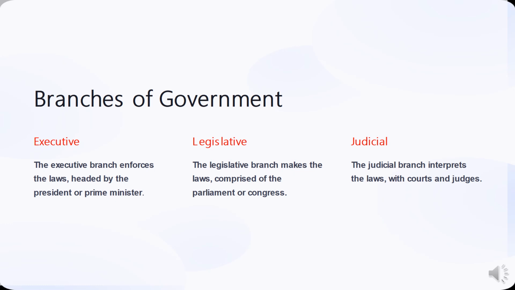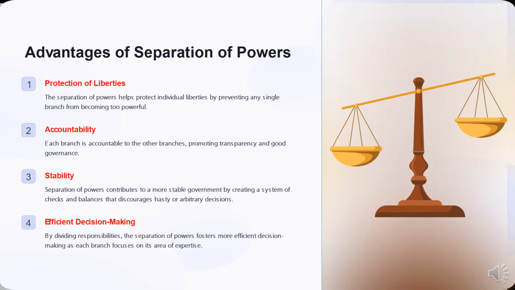The legislature comprises Congress or Parliament and is responsible for lawmaking. The judiciary comprises the Supreme Court and the other courts, responsible for interpreting laws. The separation of powers among these three branches promotes balance, accountability and effective government.